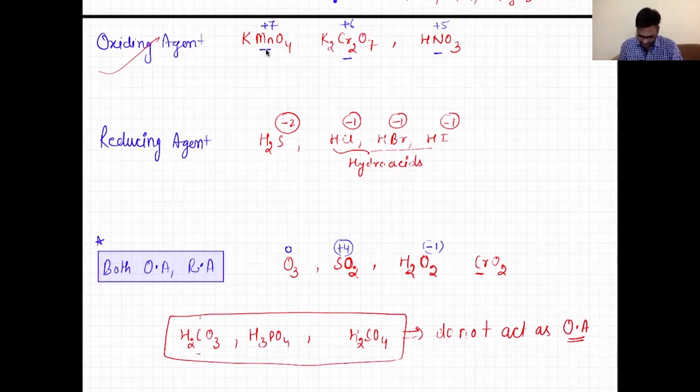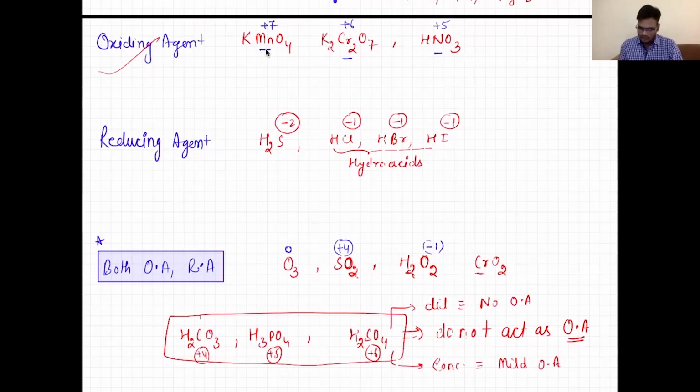If you see, carbon is in maximum, and phosphorus and sulfur are also in maximum, but if it is dilute, then it is not an oxidizing agent. But if it is concentrated, then in some reactions it behaves as a mild oxidizing agent.